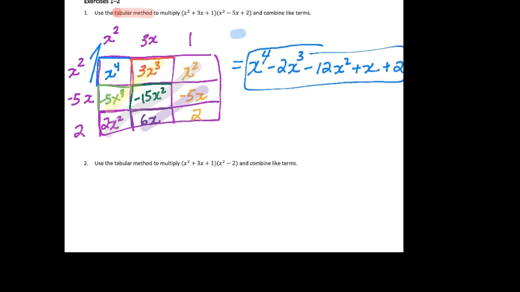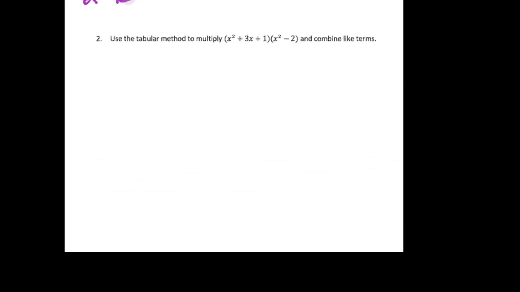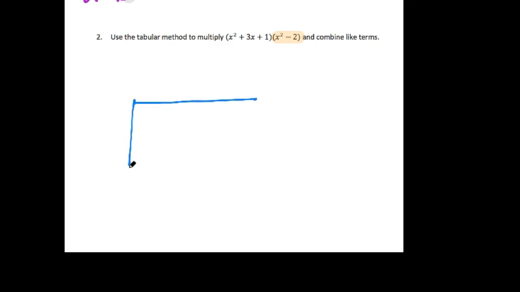I've got one more example to show you in this video, and we're going to use the tabular method to multiply these two polynomials together. Take note of the second one: notice how there are only 2 terms, so you've got to be really careful how you multiply. So I make another box, and we have the first polynomial here, 3 terms, and 2 terms, so there should be 6 boxes.